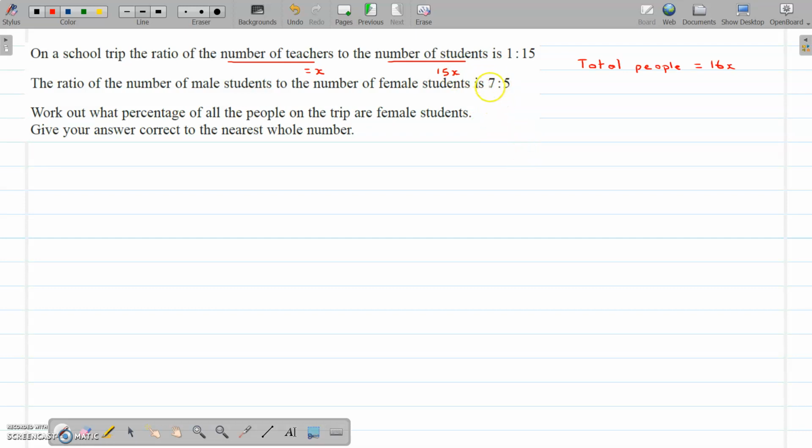Now you know that 15x of those are students, and they've got to be divided in the ratio 7 to 5. Now, if you're dividing them into the ratio 7 to 5, it means 7/12 of 15x are male and 5/12 of 15x are female.